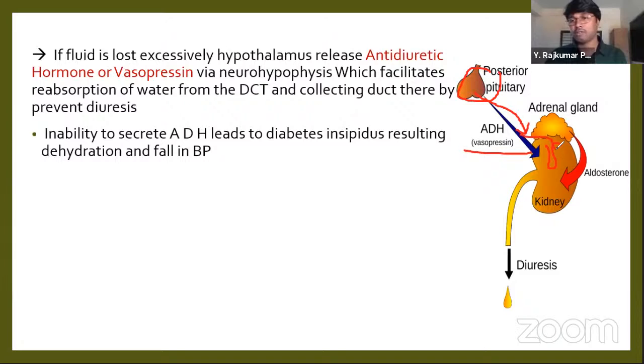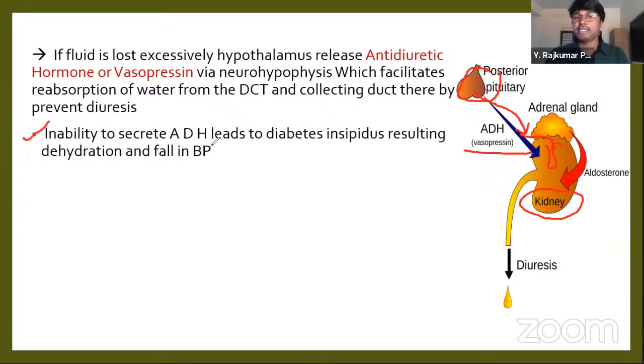It works on the nephron DCT and increases the reabsorption, thereby decreasing the urine. It decreases the urine content and increases the body fluid. So it effectively monitors the reabsorption.